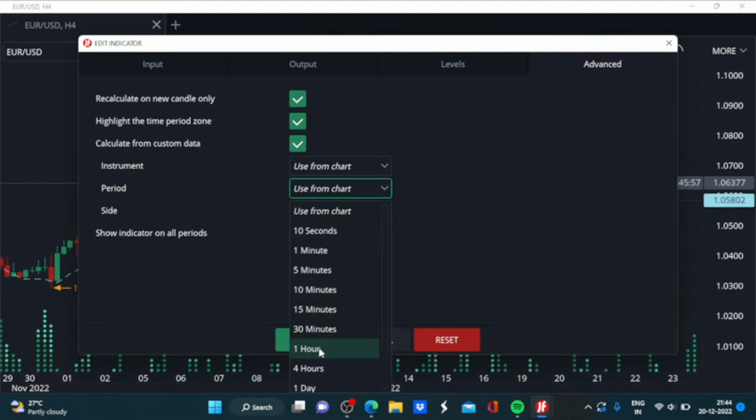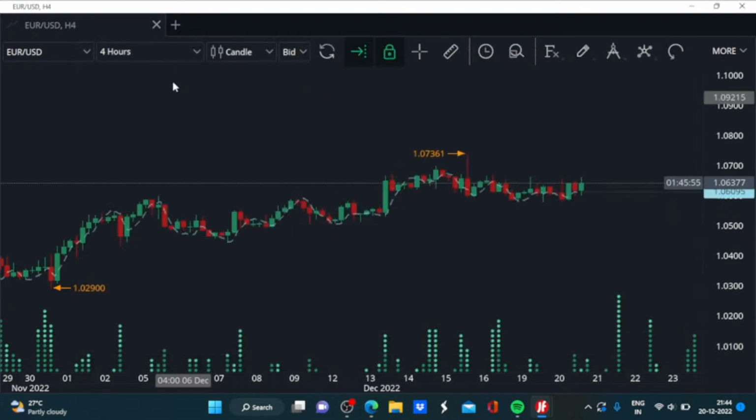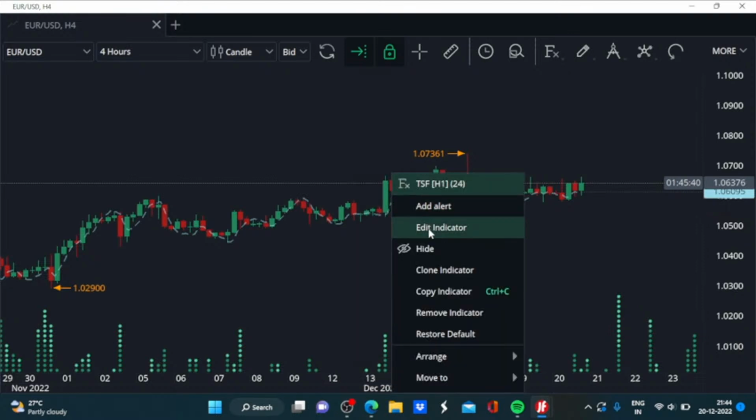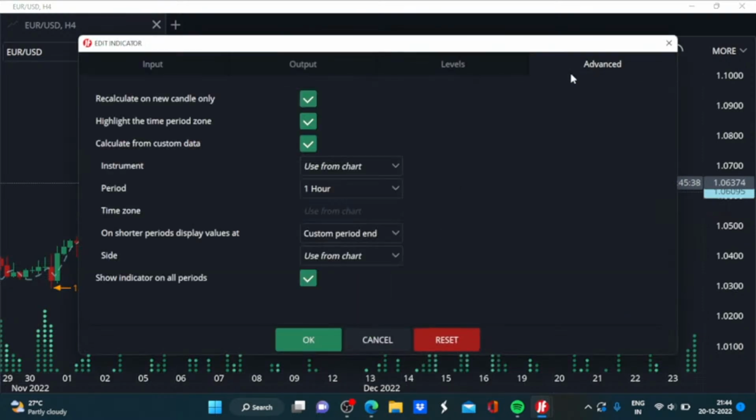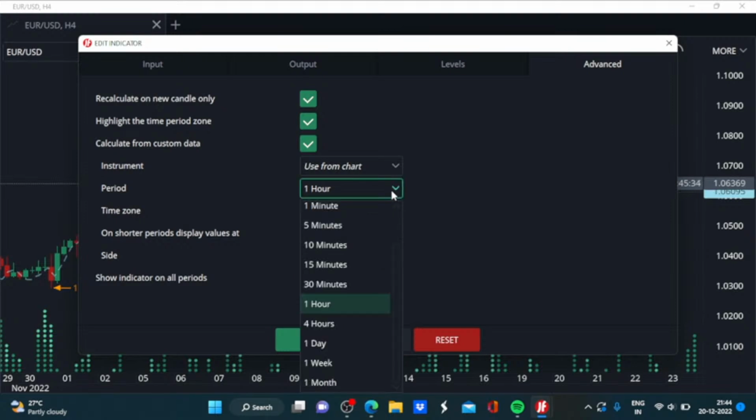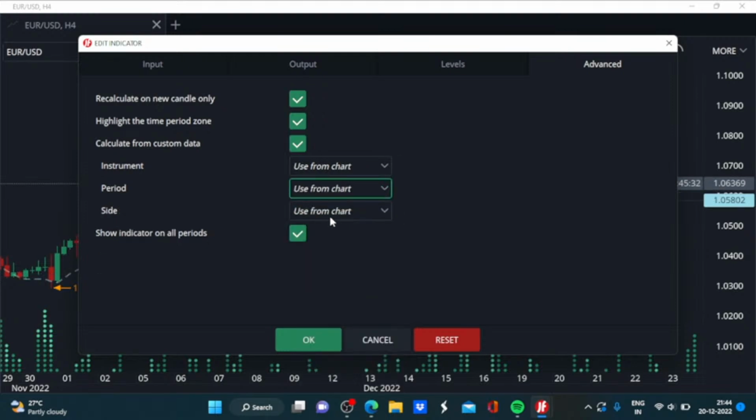So now here, if I opt for hourly, even though the chart is drawn using the 4 hourly candle period, this indicator has been plotted with the help of hourly candle period as its input parameter. So that's how this differentiation works. Now I will restore it back to use from the chart side.